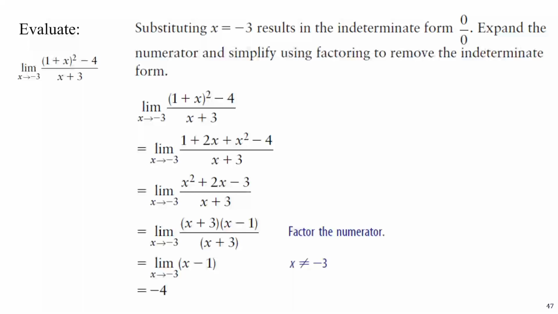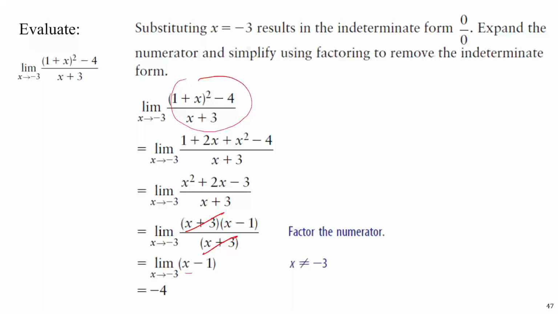So the original expression can be simplified to (x plus 3) times (x minus 1), then divided by (x plus 3). So x approaches negative 3 means x is a number close to negative 3, but never reaches negative 3. So x plus 3 is not equal to 0. So we can safely cancel these two terms. So basically you are evaluating the limit of x minus 1 when x approaches negative 3.